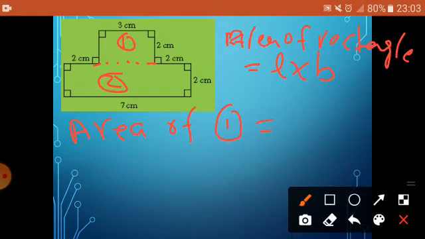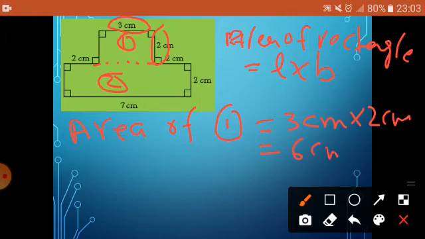What are the measurements of rectangle 1? As you can see, 3 centimeter is the length of this rectangle and 2 centimeter is the breadth of this rectangle. So 3 centimeter times 2 centimeter. What is the area? 6 square centimeters.